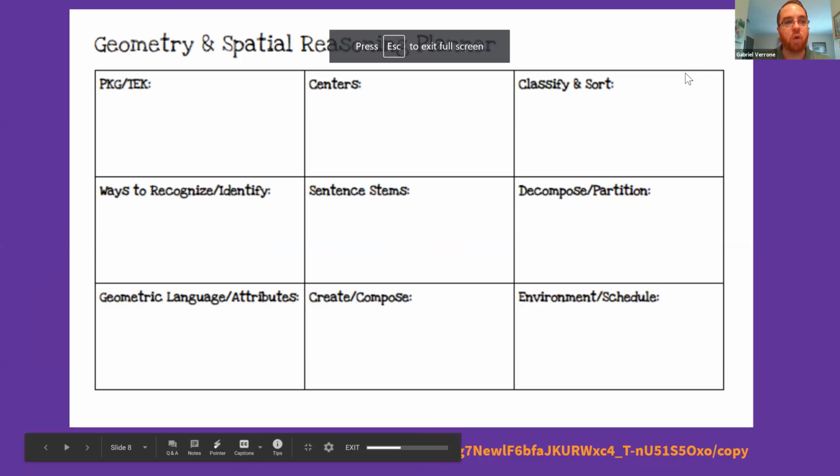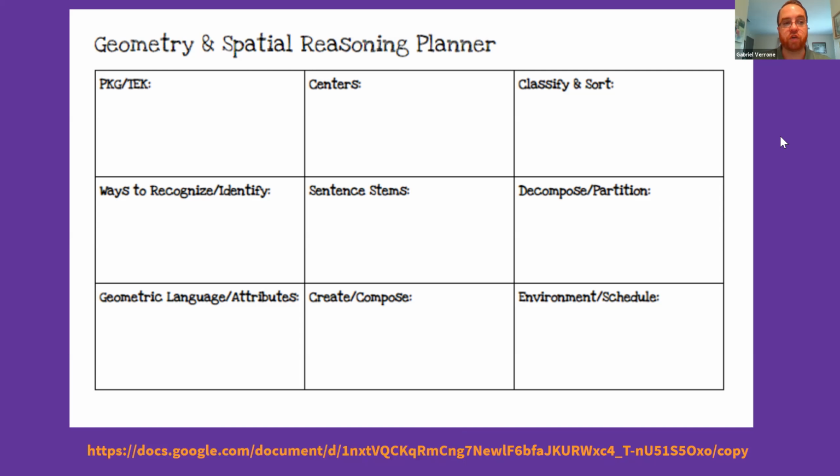Please let me know. It should open up a planner for you that looks like this one. If it doesn't work, because sometimes no matter how much you change the settings to ensure that it works, sometimes it still doesn't. So is there anyone that is unable to open that? Everyone get in?